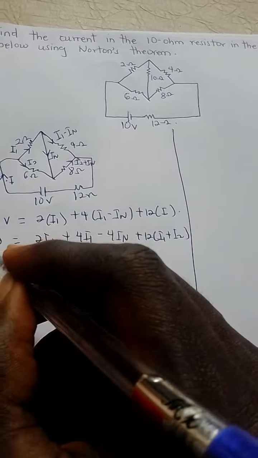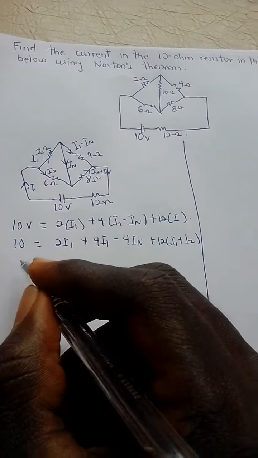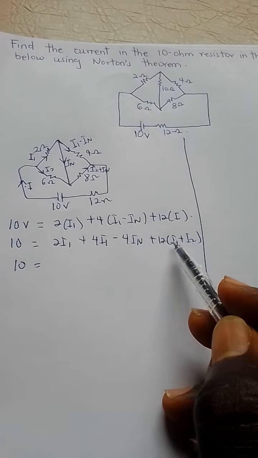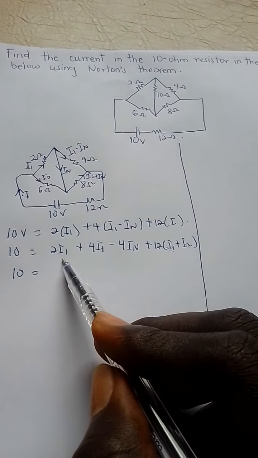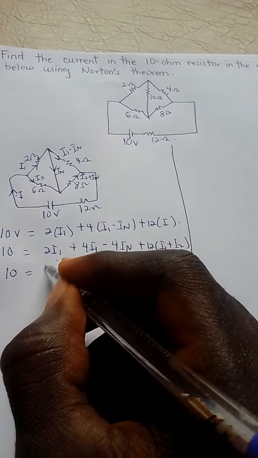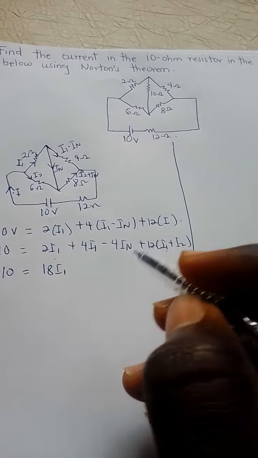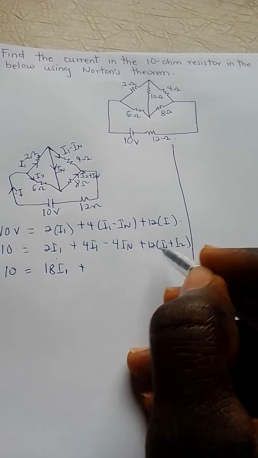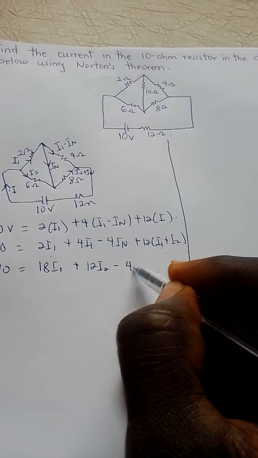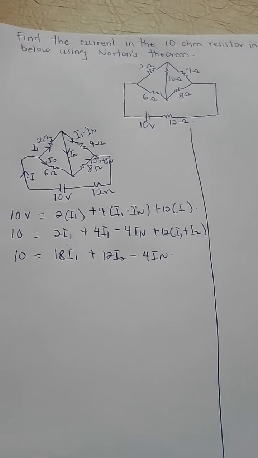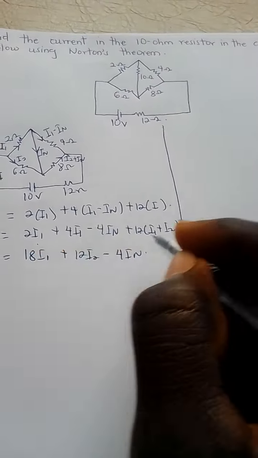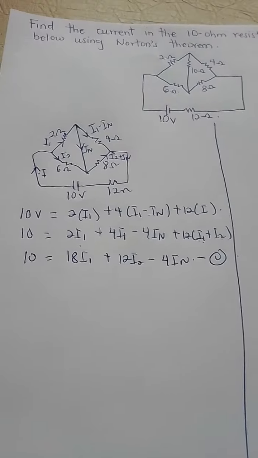So 10 equals 12I1 plus 12I2 plus 2I1 plus 4I1 minus 4IN. 12I1 plus 2I1 gives 14I1, plus 4I1 again gives 18I1. So we have 18I1 plus 12I2 minus 4IN, and we make this equation 1.